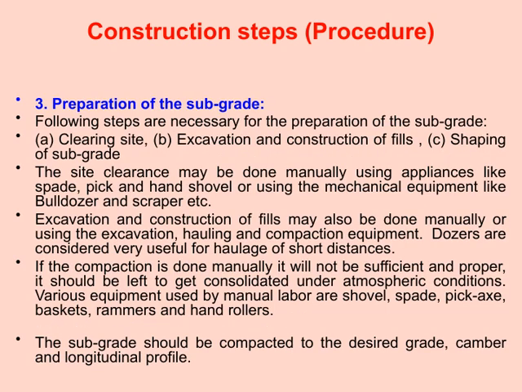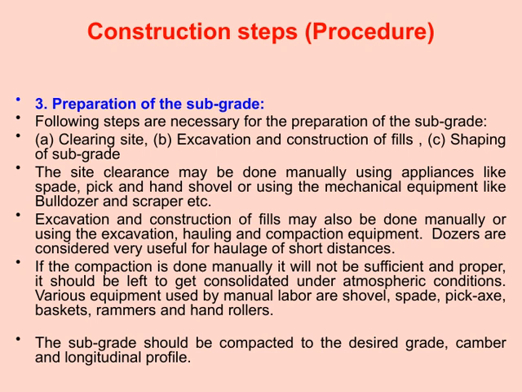Let's now move on to the construction steps involved in preparing the subgrade. The first step is the preparation of the subgrade itself, which is crucial for ensuring a stable foundation. To start, site clearance is necessary. This can be done either manually, with tools like spades, picks, and hand shovels, or mechanically, using equipment such as bulldozers and scrapers.